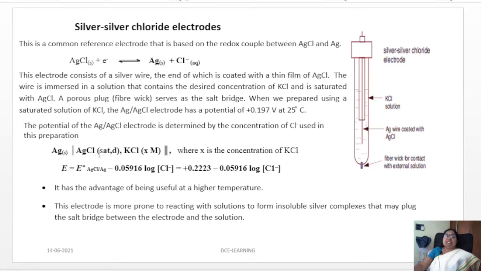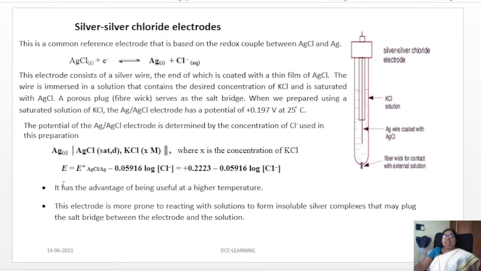Because here it is AgCl and KCl, saturated with AgCl, therefore it depends on the solubility product, and so it purely depends on the chloride ion concentration as a common ion. Here Ag and AgCl are saturated, with KCl in X molar. It means that if you increase or decrease it, it also affects the EMF of the silver electrode.